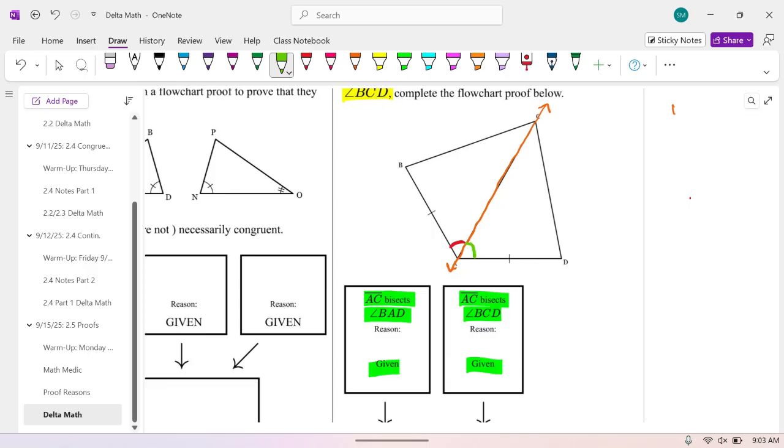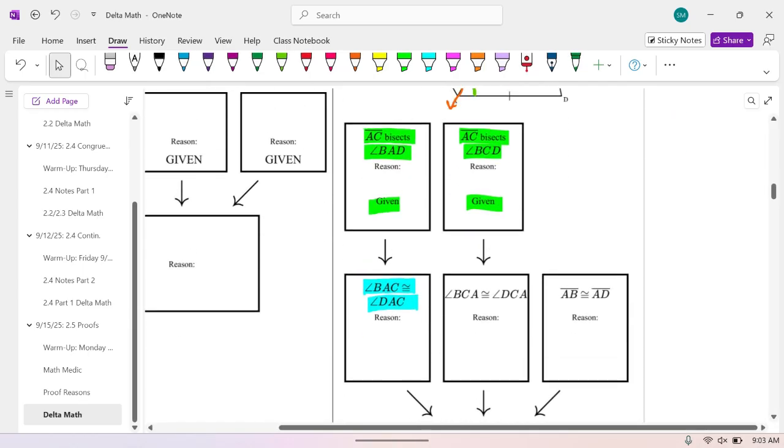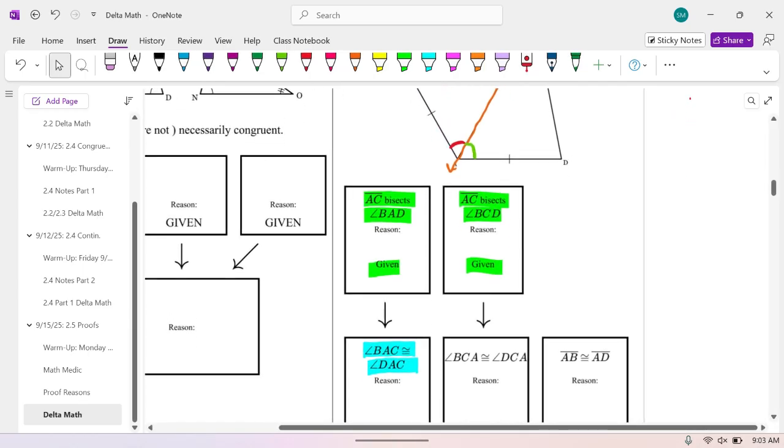So they're saying those two angles are congruent. Why? Because the angle was just cut in half.